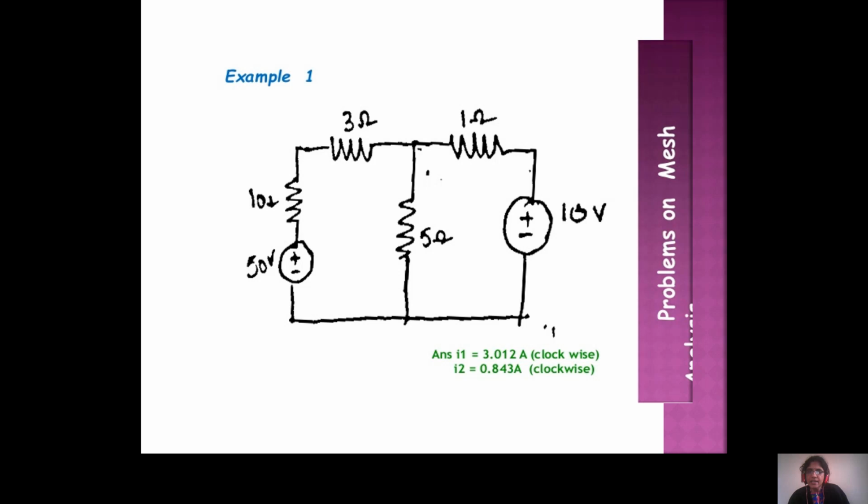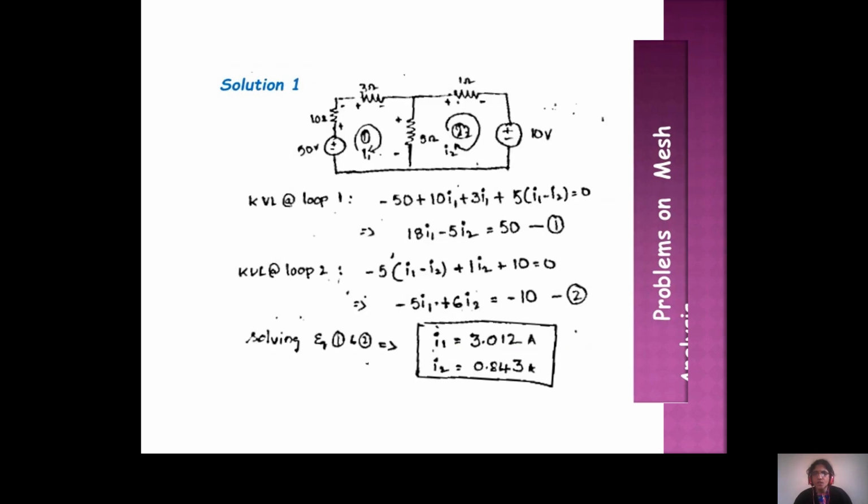If I take the current direction entering, it is plus; leaving is minus. Like that you have to assume the signs: entering plus, leaving minus, entering plus, leaving minus. Like that you assign all the signs and write down the equation: the algebraic sum of the voltages is equal to 0.